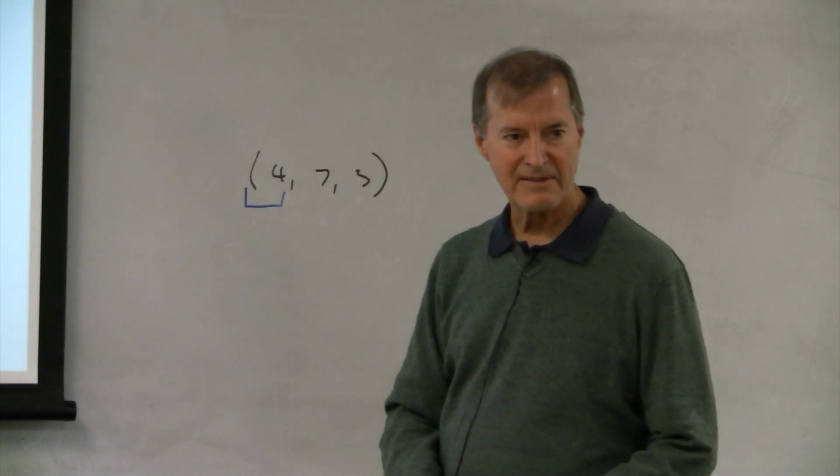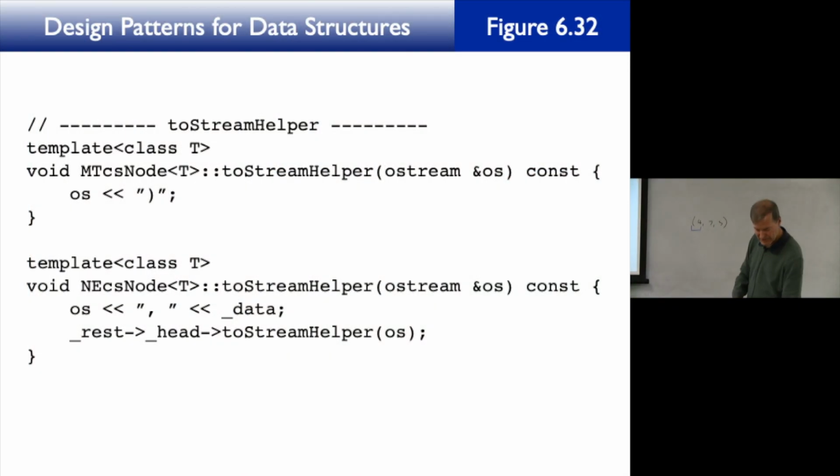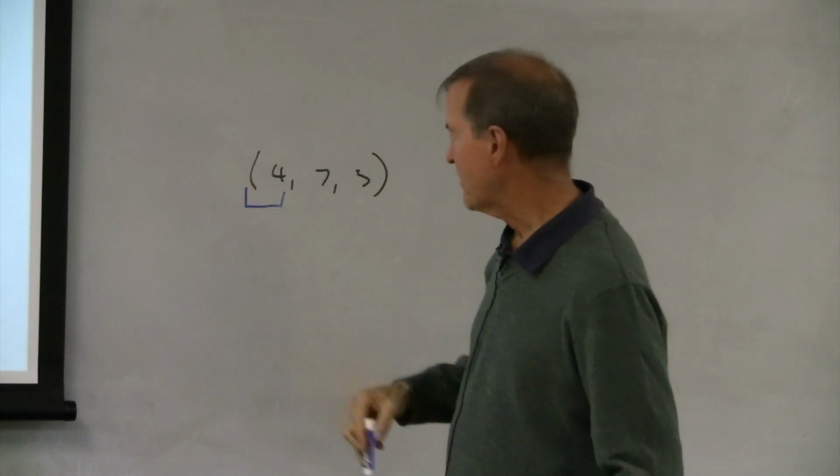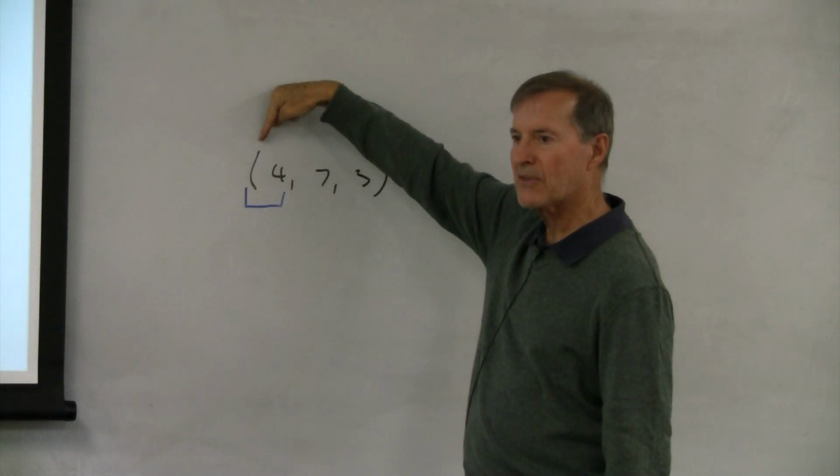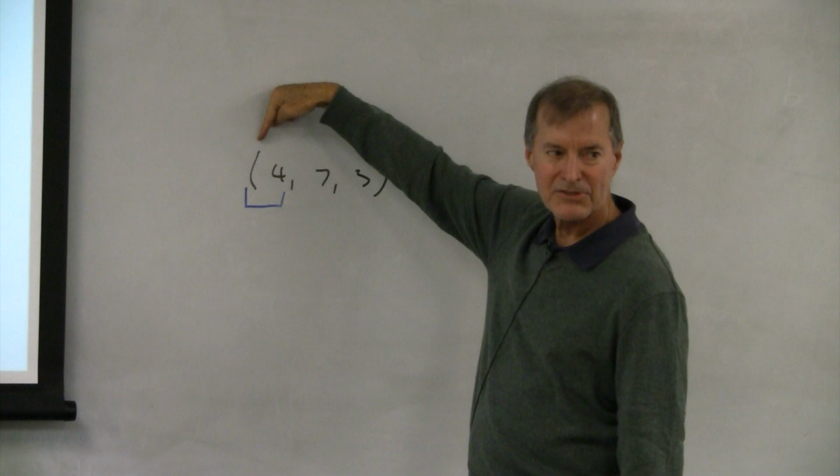See how that works? So here's the helper. So the helper continually calls itself. This one is kind of interesting in that there is no list version of the helper. See, because the list version is responsible for this. We don't want another left paren. So you see what we're saying?